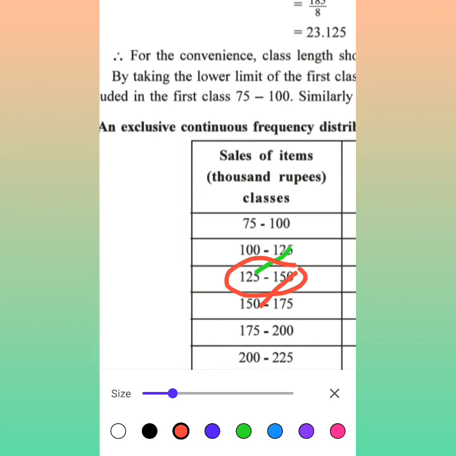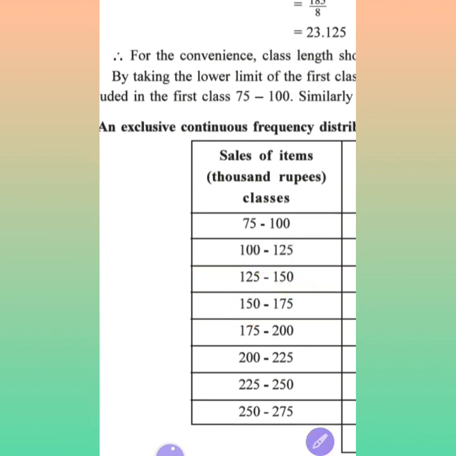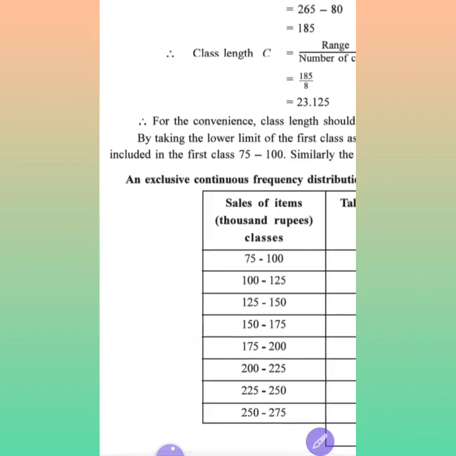I repeat, when for the given class the lower limit is the same as the upper limit of the previous class, and the upper limit of the given class is the same as the lower limit of the next class, at that time we say it is a continuous frequency distribution, but an exclusive one. So that's why the heading is an exclusive continuous frequency distribution.